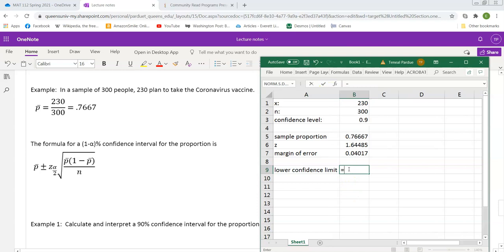So your lower confidence limit is going to be your sample proportion minus your margin of error, and then your upper confidence limit is going to be your sample proportion plus your margin of error.